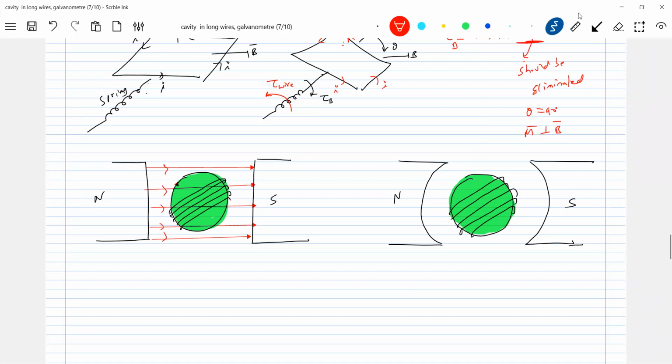So what is the angle between B bar and M bar for different positions of the coil? And let this be the current I. Now what about B bar? How will B bar be directed here?